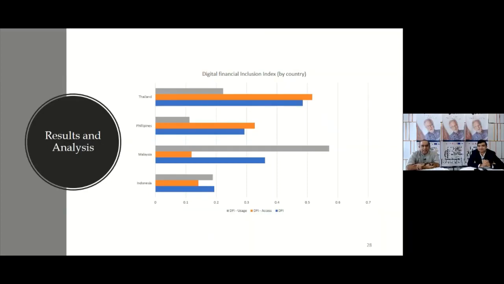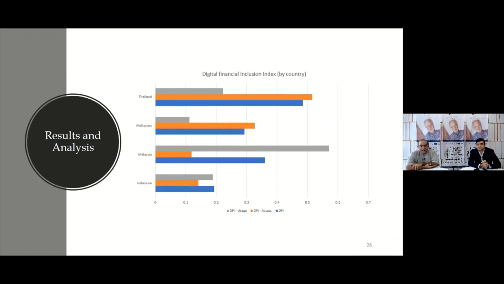If you look at Malaysia, DFI usage is very high, but access is very low. That's an anomaly to me. How is it the usage is so high, but the access is so low? Who actually is using this DFI? And I would think this is the urban middle class. I may be mistaken.